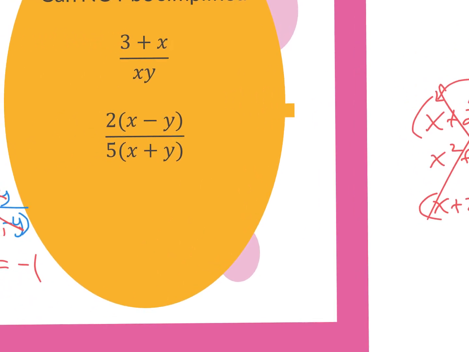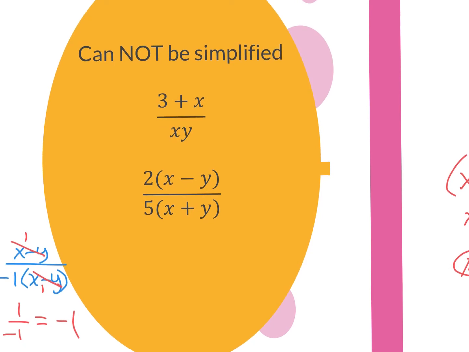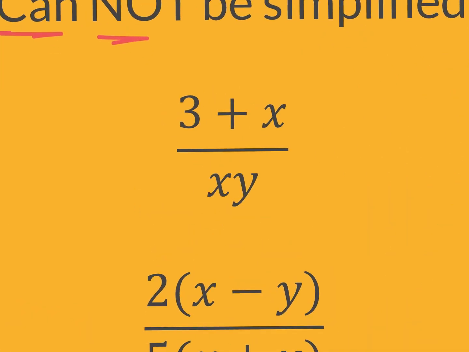So when you are simplifying fractions, these are common mistakes. Remember, these are grouping symbols. So think of the fraction bar as splitting this into a top group and a bottom group. In order to get something to cancel, it needs to look identical.